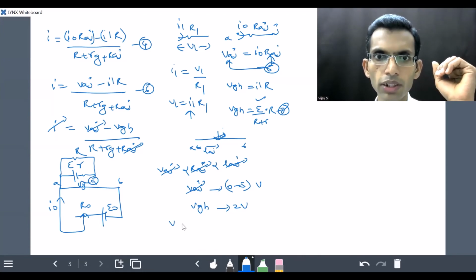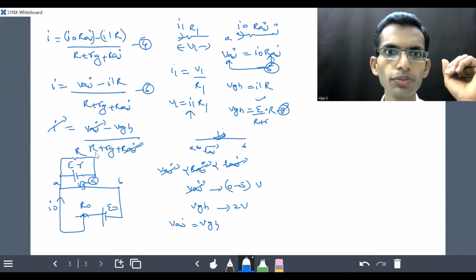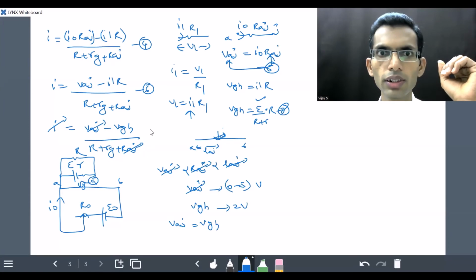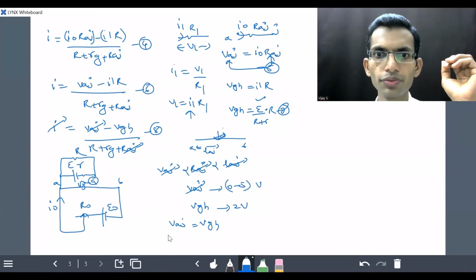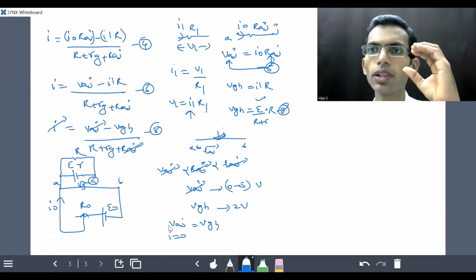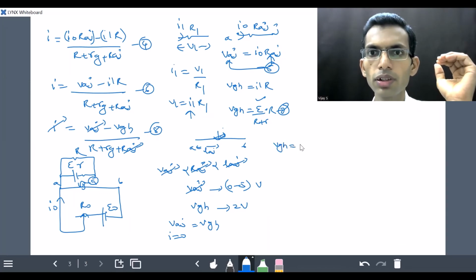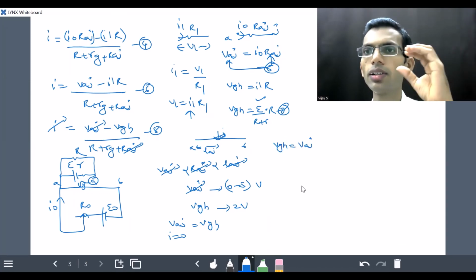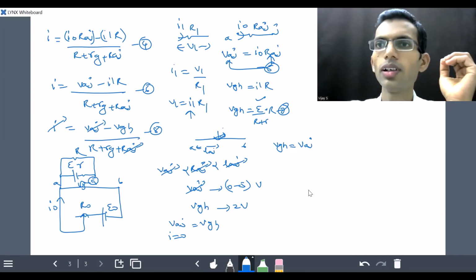Obviously, from equation 8, when VAJ becomes equal to VGH, current becomes 0, which is detected with the help of the galvanometer. That means when the galvanometer shows 0 deflection, our objective VGH becomes equal to the potential difference between junction A and that particular moving contact position. Clear?